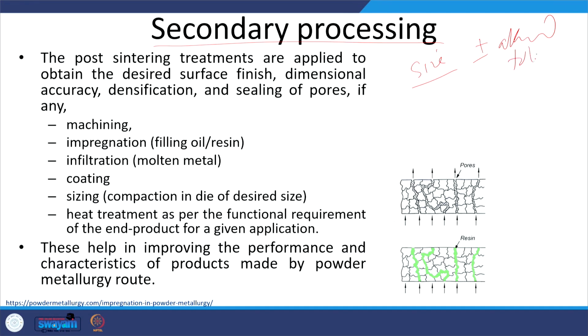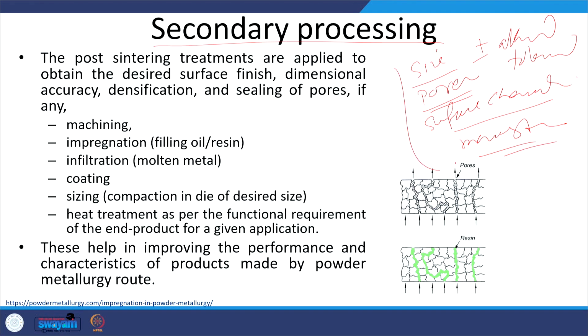The second, it may still have porosity beyond the acceptable limit, or it is also possible that the surface characteristics are not really suitable for the given application, or the microstructure which is realized is not suitable for the given application.